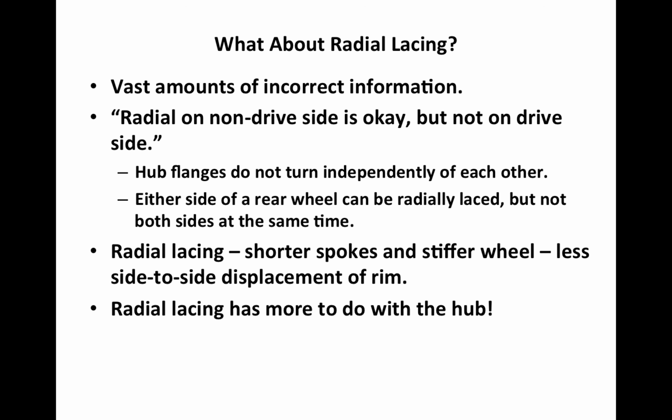Radial lacing really has more to do with the hub, because if the spokes are pulling straight out, then there is less metal in the hub flange to support the pulling force of the spoke. And so radial lacing can be stressful on the hub, and you have to make sure that you're not exceeding a manufacturer's warranty and therefore voiding it if you do radial lacing.